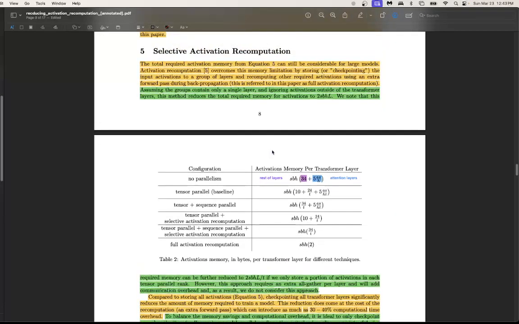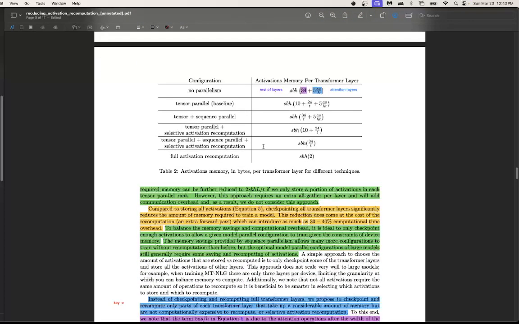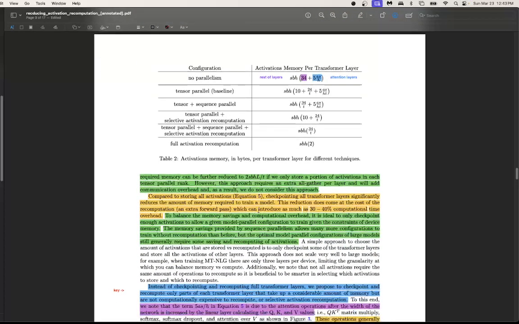Now, finally, selective activation recomputation, or SAC. Basically here, they're going to try to intelligently choose which layers we recompute and which ones we store the full activations for.